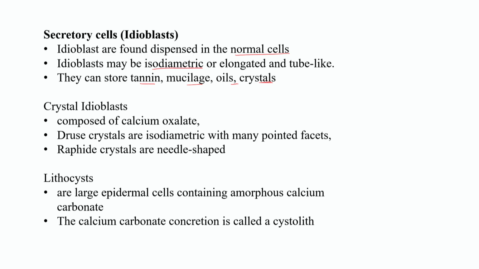The crystals could be calcium oxalate crystals. Many other crystals could also be there, and their shape can be variable. These crystals could be needle shaped, or star shaped. So in various shapes these crystals are found, and they are found inside the cell.